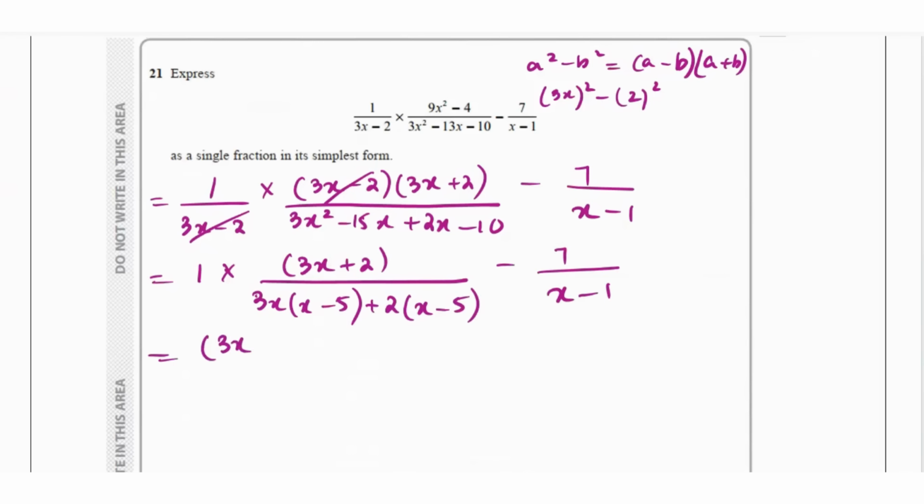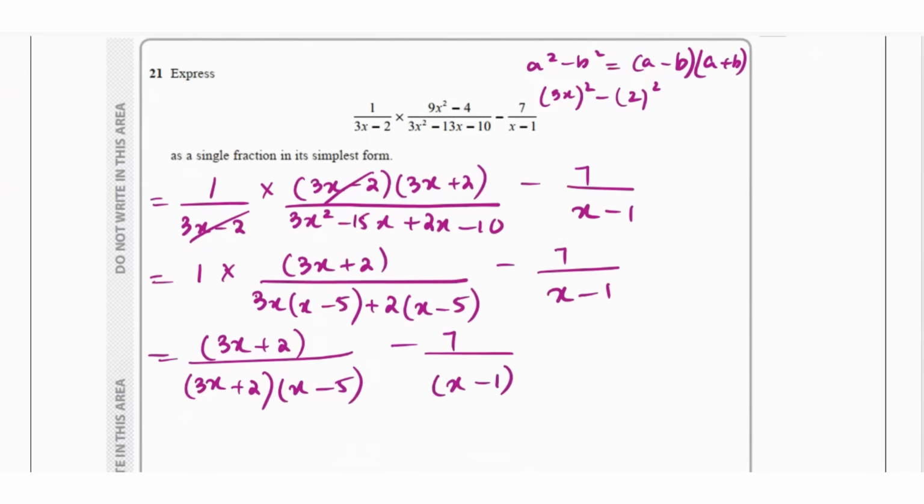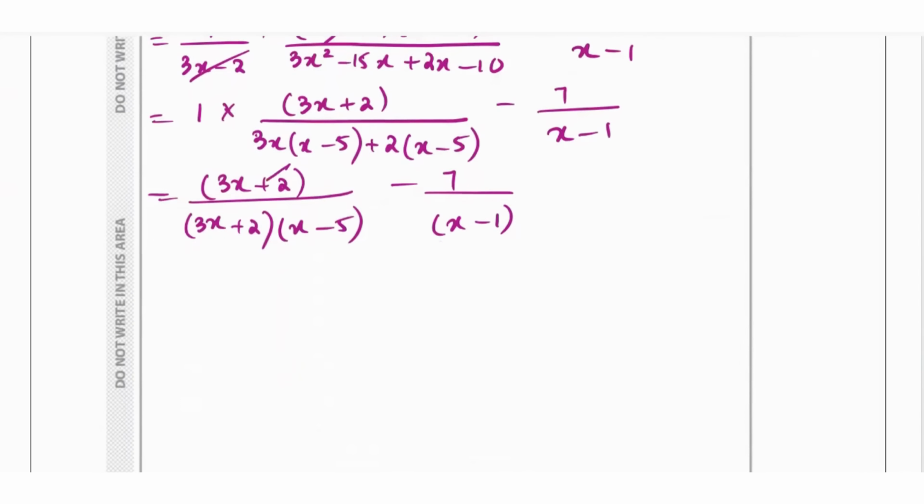So 3x plus 2 over 3x plus 2 times x minus 5. Again, 3x plus 2 is getting cancelled out because they are divided by each other. So we have 1 over x minus 5 minus 7 over x minus 1.